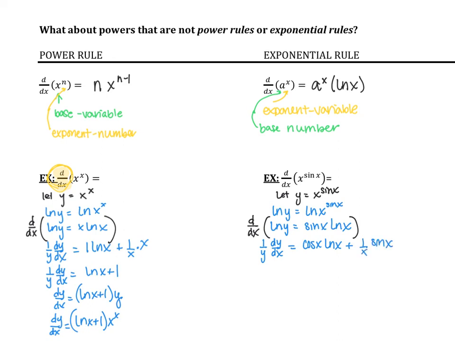Then I multiply by y, so dy dx equals cosine x natural log of x plus sine of x over x, times y, which is x to the sine of x.